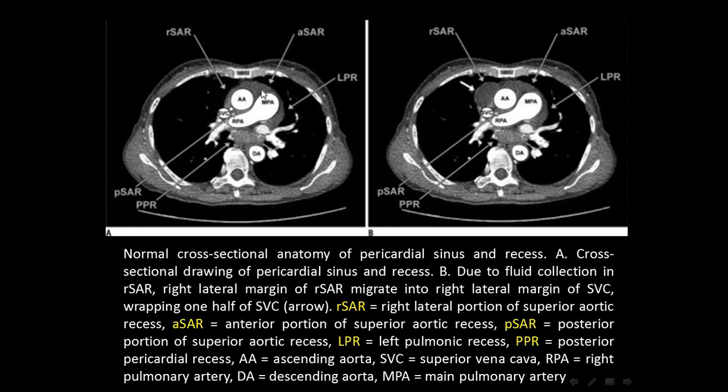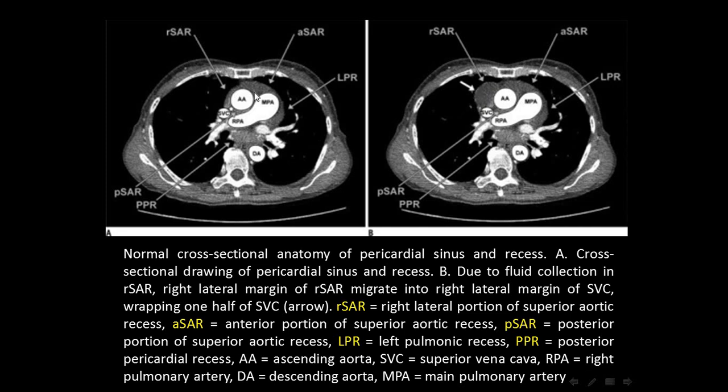So when we lose these recesses, it means that there is a pathology with the pericardium. We will see a case shortly. When these recesses are enlarged, expanded, there is a pericardial effusion. So, as you see in this image, the right superior aortic recess is expanded, right?